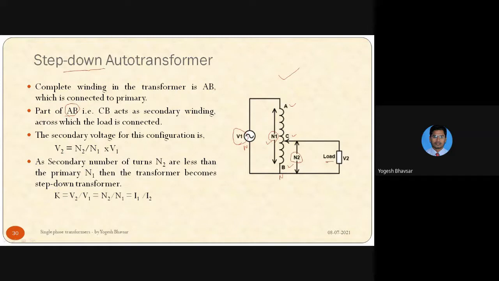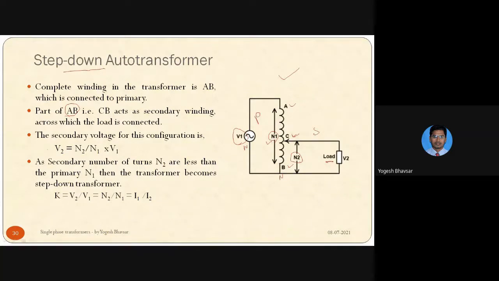For the secondary, there is a rotary contact at position C, and from point C to B there is a winding with N2 turns, where we have connected the load. So this becomes the secondary winding. This side is the secondary and this side is the primary.